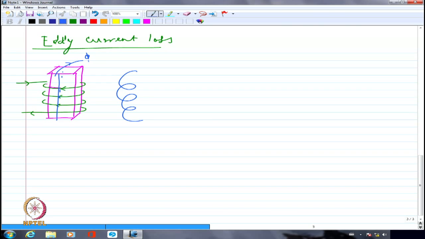So if I have, let us say, d phi by dt as the rate of change of flux, I am going to have definitely that much of induced EMF even in the core. And the core is not having really a very high resistance. Let us say it is made up of a metal and it is a solid metal. So the currents can go in all sorts of directions there because the resistance is small. It will just have all sorts of different directions of current flowing all over the core, which is called the eddy current.